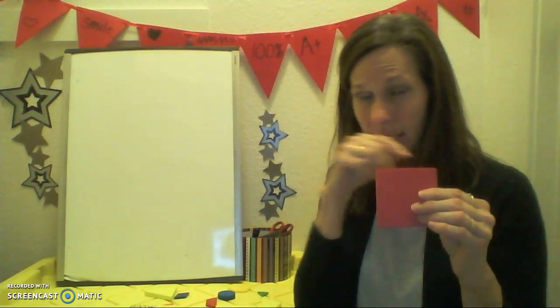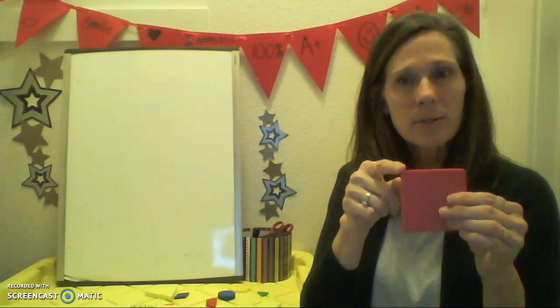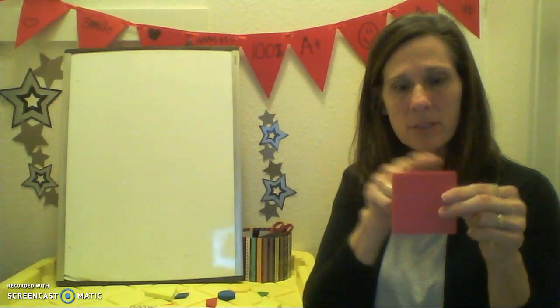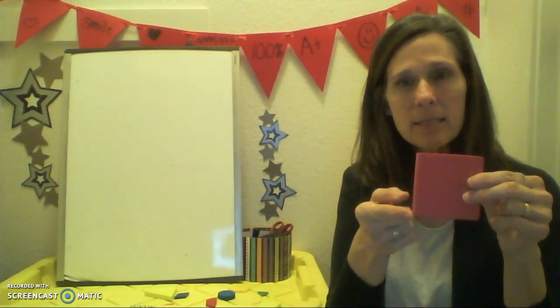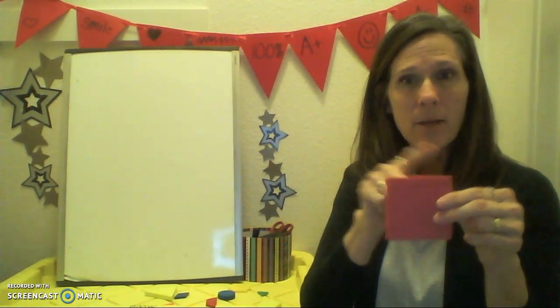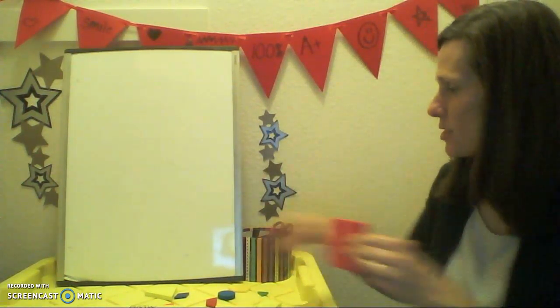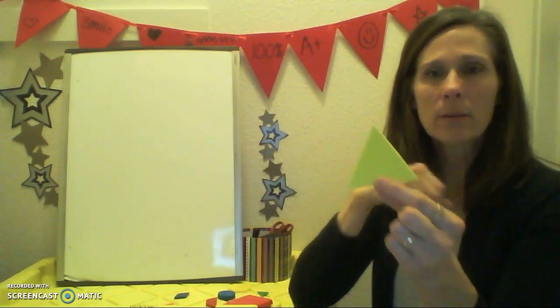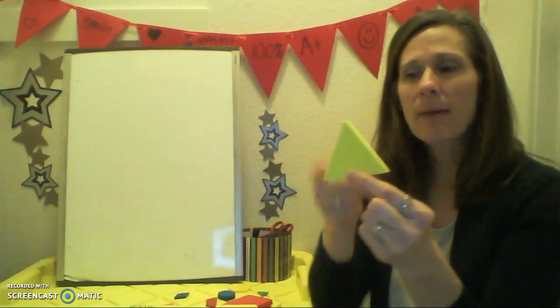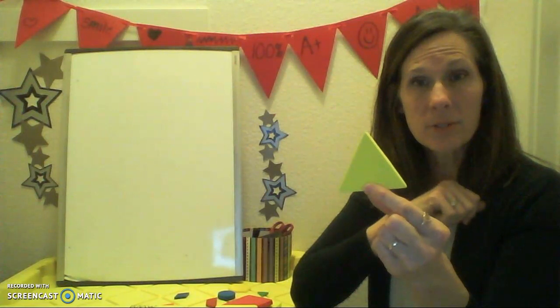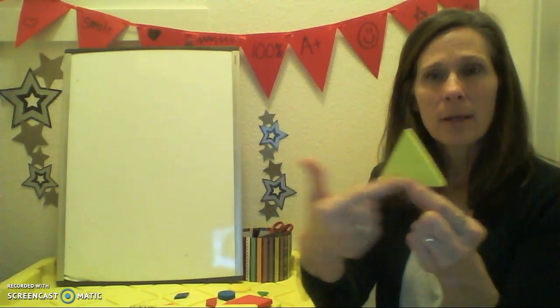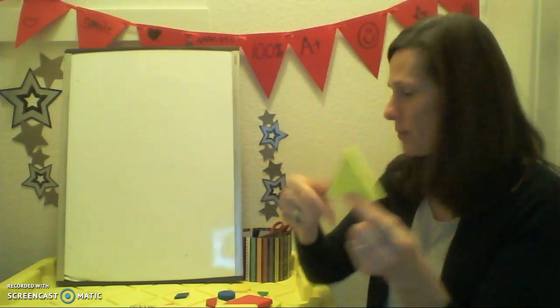So right here we would say that our square has four angles. Where a length and a width meet, that's where the corner is. An angle is just kind of a fancy name for corner. Here at the triangle, a triangle would have three angles, where the length meets the width.